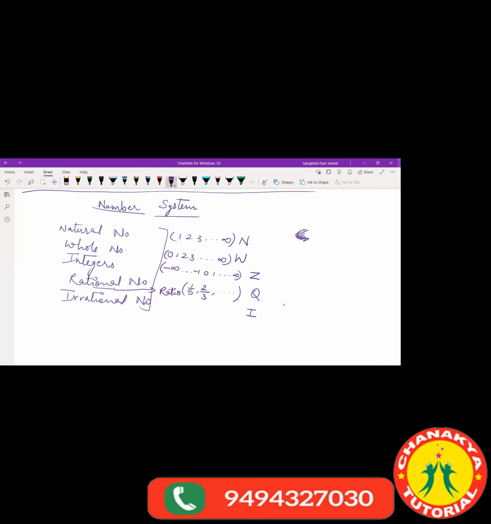Now, you can see with a small diagram. Initially we studied natural numbers, then we had whole numbers. Whole numbers cover the whole of the natural number system. Then integers cover the whole of the natural and whole number system, right? Then you have rational numbers, which still cover the whole of this, in the form of P by Q, where Q is not equal to 0.